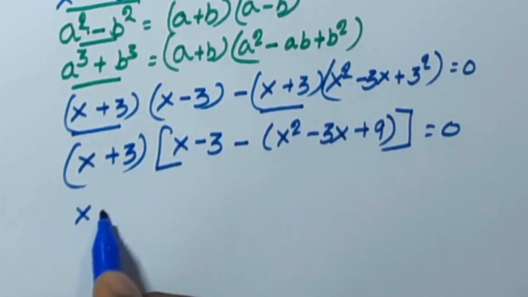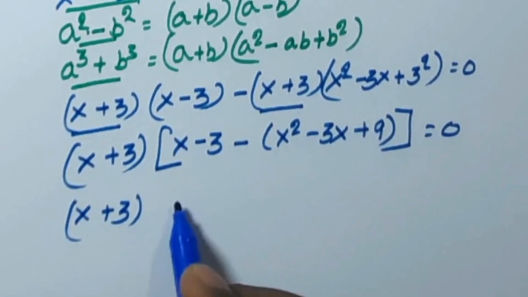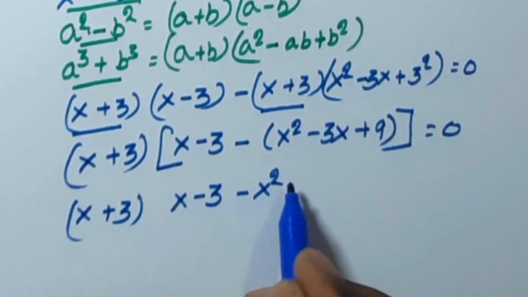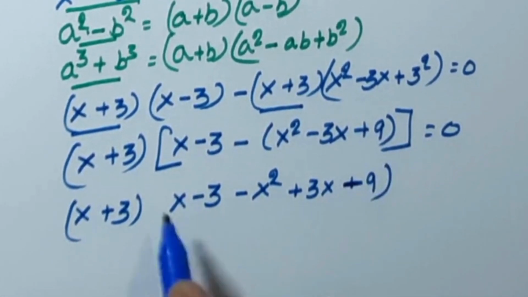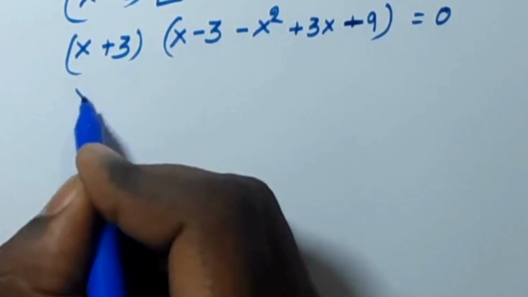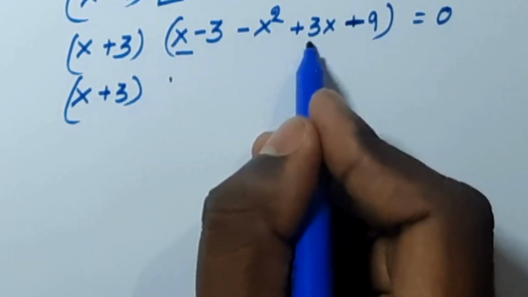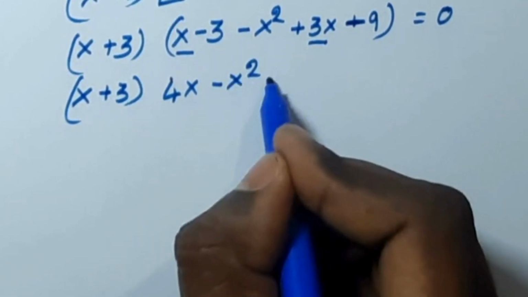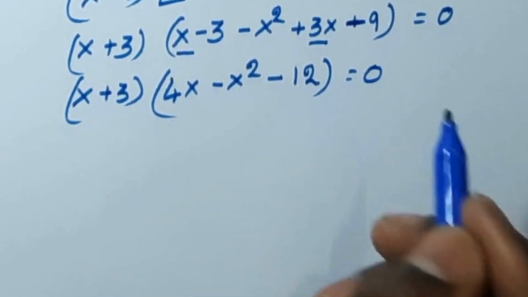Now x plus 3, this can be x minus 3 minus x square plus 3x minus 9 equal to 0. x plus 3, this is 4x minus x square, this is minus 12 equal to 0.